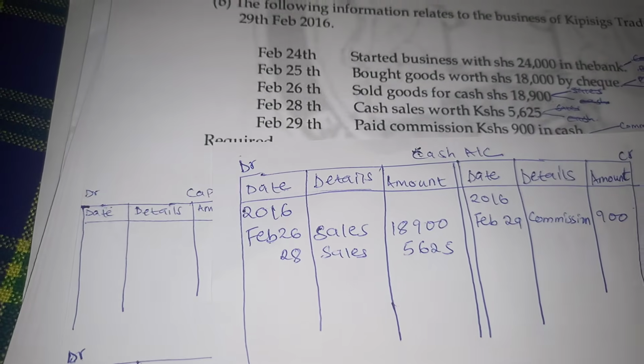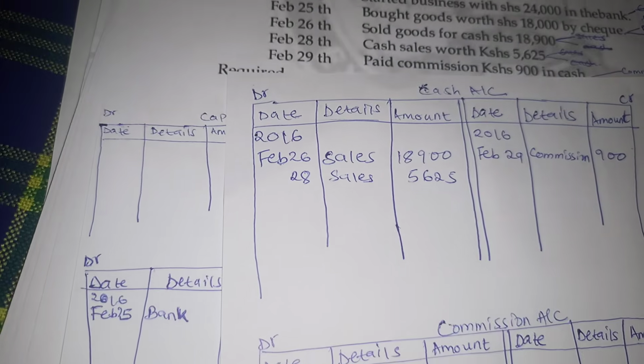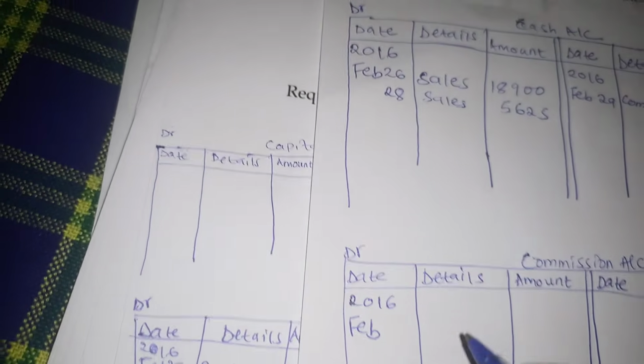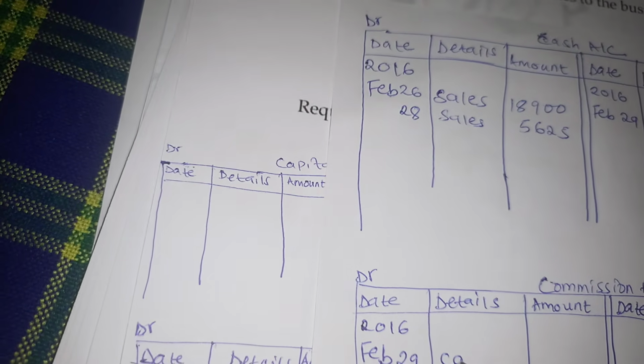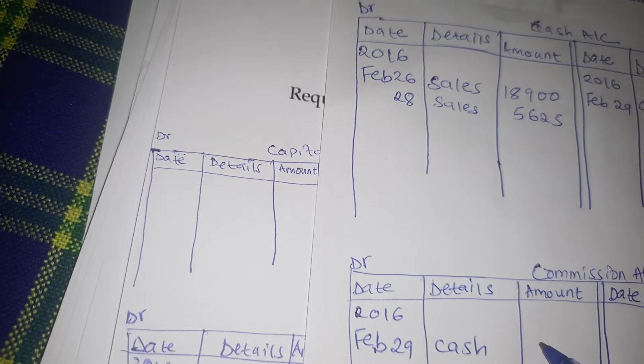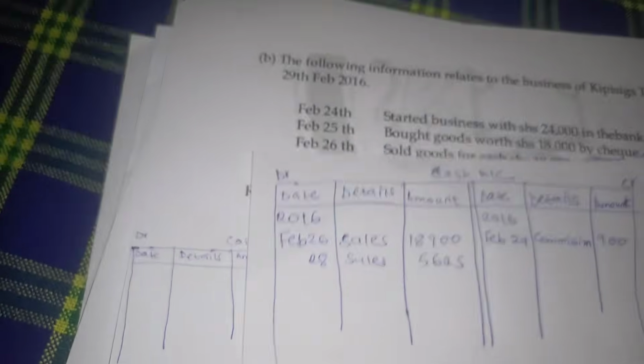Payment has been made. The year is 2016, the month is February, and the date is 29. It was paid in form of cash, 900 shillings. And that's it.